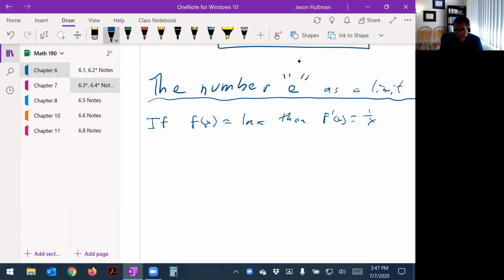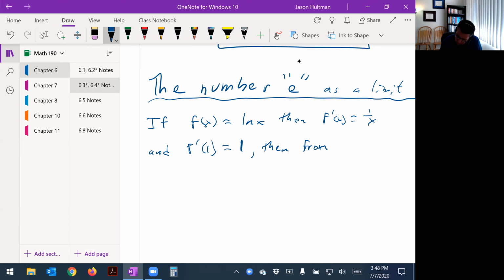If we take ln of x, then the derivative is 1 over x, right? And f prime of 1 is equal to what? Well, what's 1 over 1? It's just 1, right?